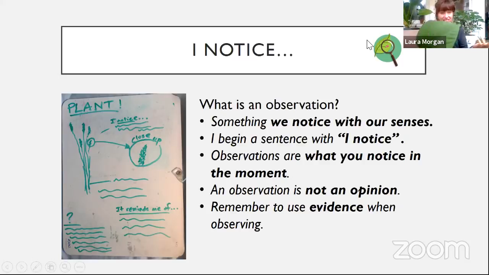And we want to use evidence when making observations too. Let's say that I noticed that there was a hole in my leaf. I can't say I noticed that a bug made that hole if I'm not watching the bug eating the little hole from the leaf, right? So we want to use evidence to make our observations.